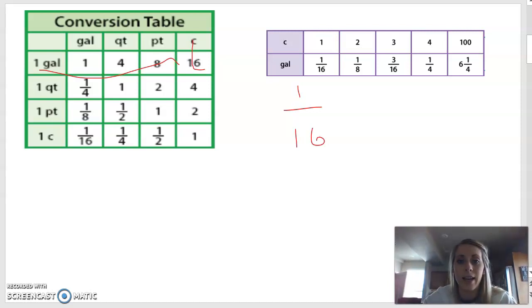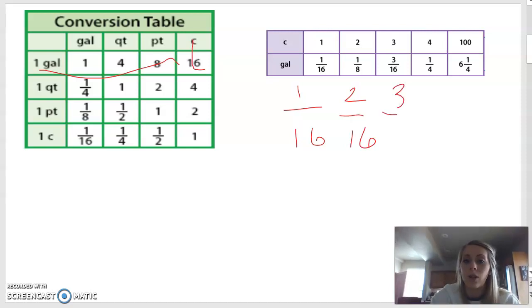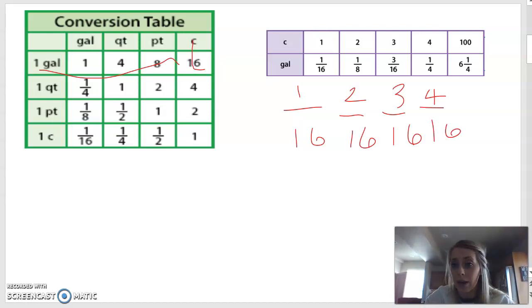So it's 1/16 for 1 cup, and 2 cups is going to be 2/16. All they did was simplify it to be 1/8. And we have 3/16, and 4/16. 4/16 simplified, 5th grade, is 1/4.